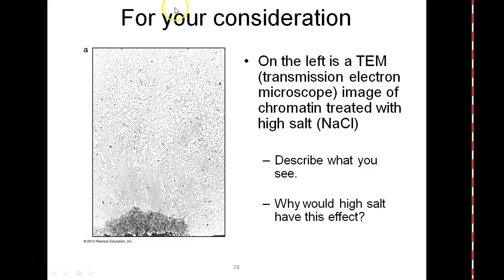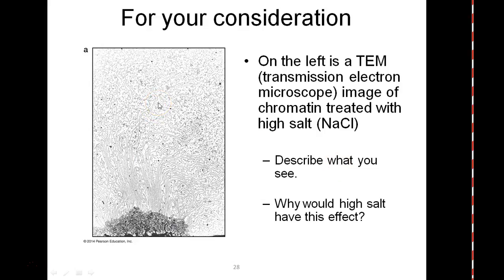So this is the electron micrograph image of the chromatin, or the human chromosome, that was treated with high salt, like a table salt, sodium chloride. When you look at this image, try to discuss with your partner first, what do you see?